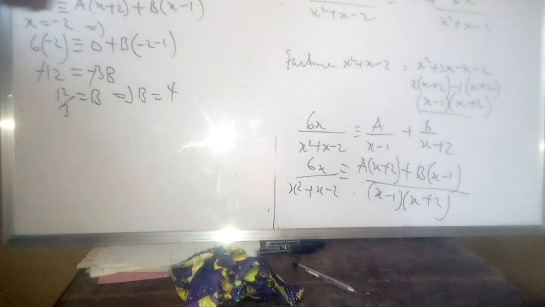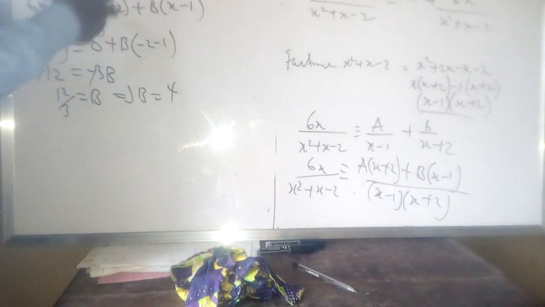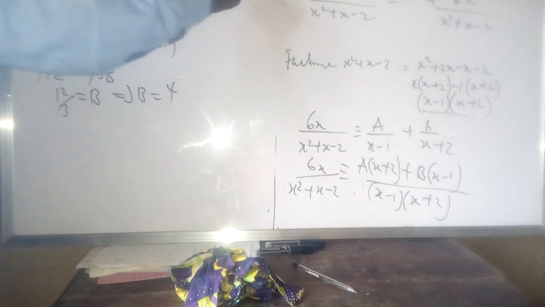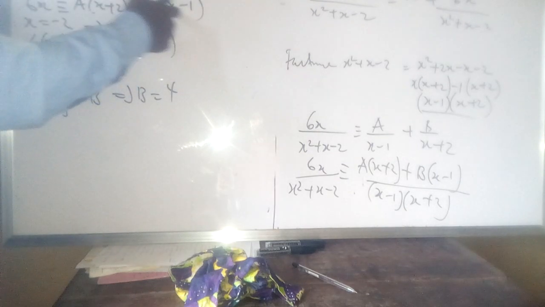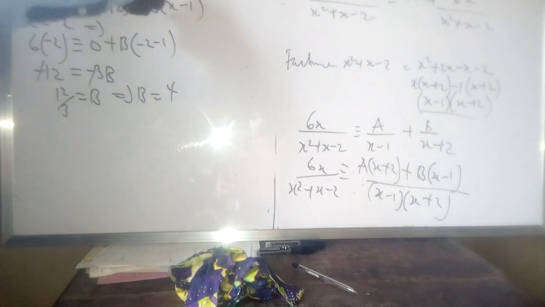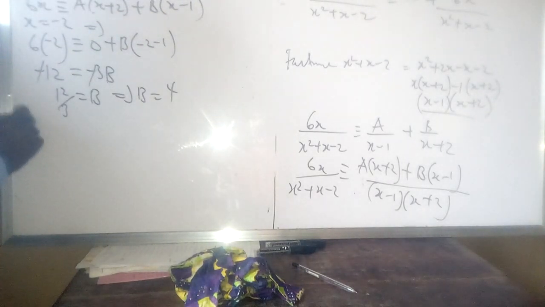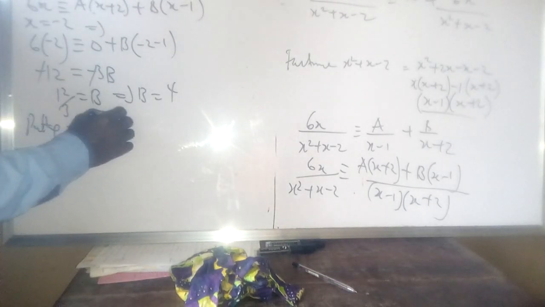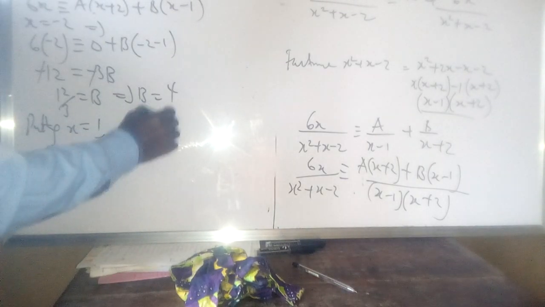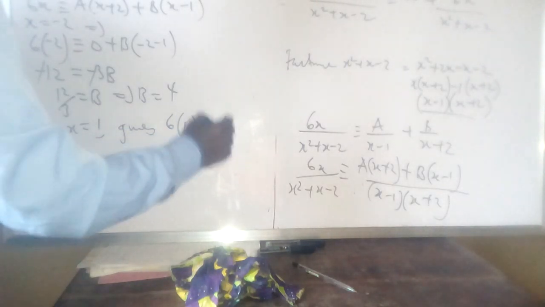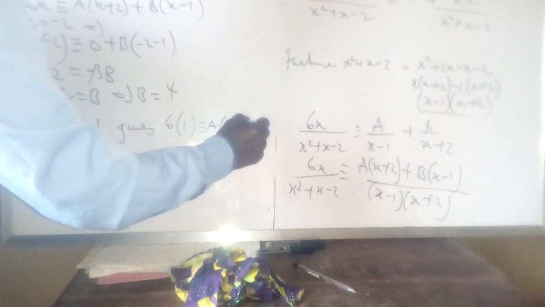Having gotten that, how do we eliminate B so that we get the value of A? When x minus 1 equals 0, this linear expression gives us x equals 1. By the time we put 1 here, B will be eliminated. So putting x equals 1, the expression becomes 6 into 1, which corresponds to A into (1 plus 2), plus B into 0, because everything here will be 0.